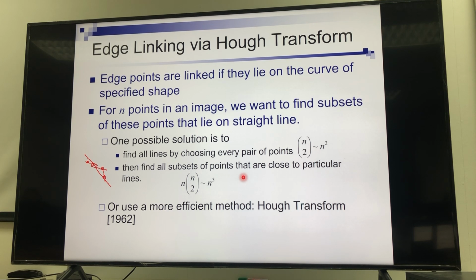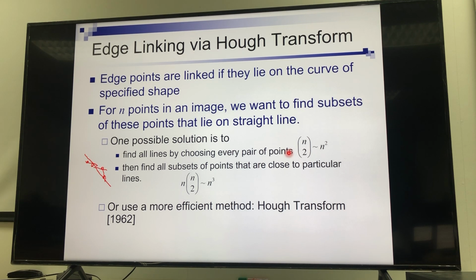So Hough came up with a more efficient way to detect a straight line, instead of using a million iterations. Hough in 1962 came up with a more efficient way to define a straight line.